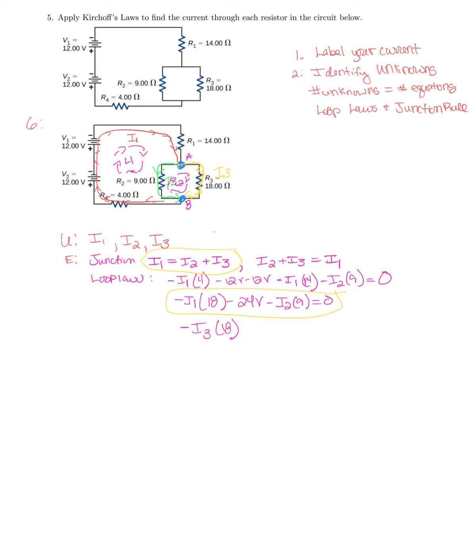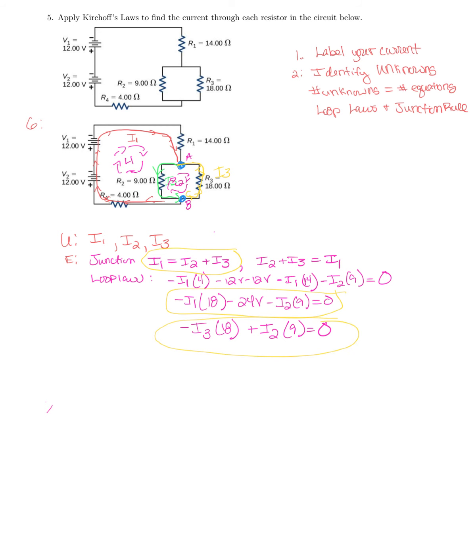Then we keep going around, and now our current I2 is flowing in the opposite direction of our loop, so we add I2 times 9 ohms resistance. And again, the sum of the voltages equals 0.